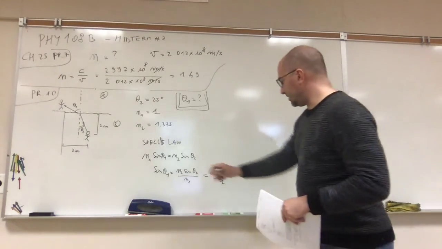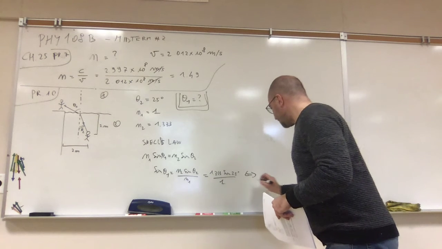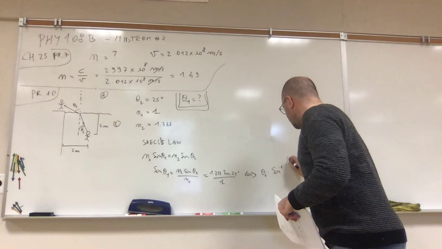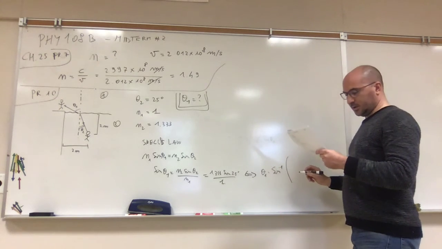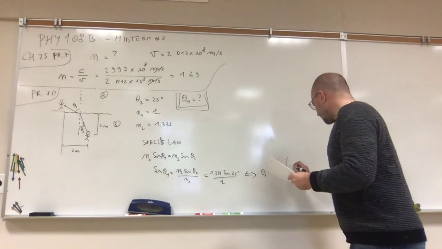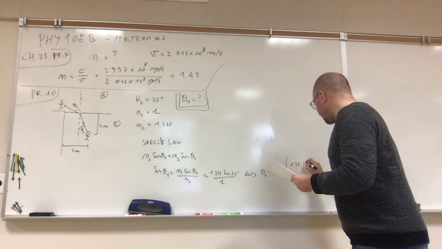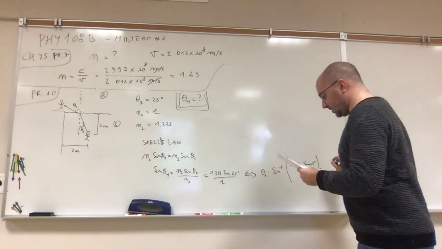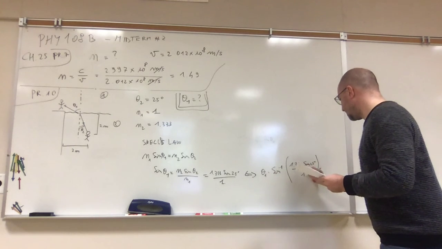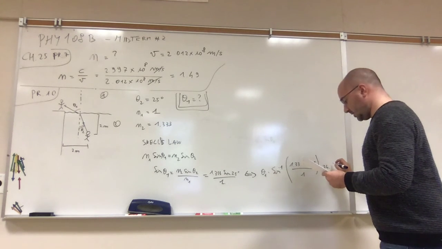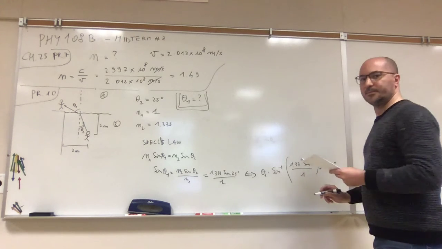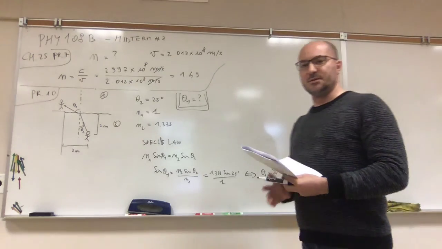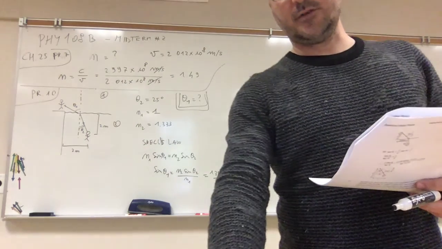So how do we find theta 1? We just have to invert that. Theta 1 is the inverse sine of 1.33 times the sine of 25 degrees, divided by 1, and that number is 34.3 degrees. Okay, so I'm going to stop the video here, and then we're going to move on after I clear the board.